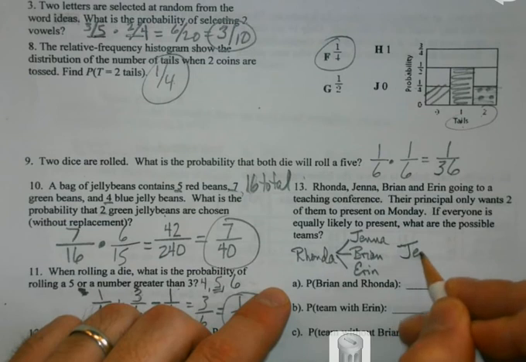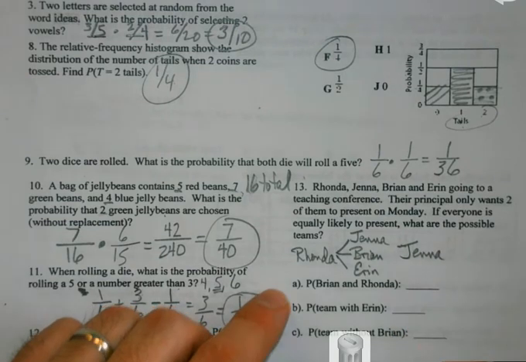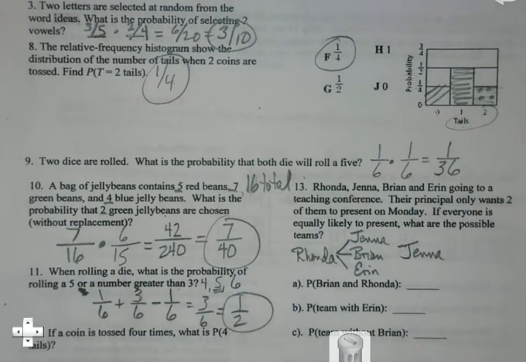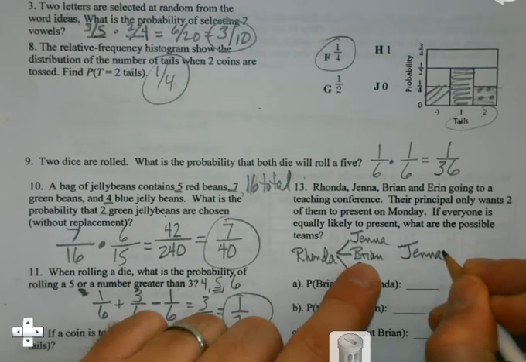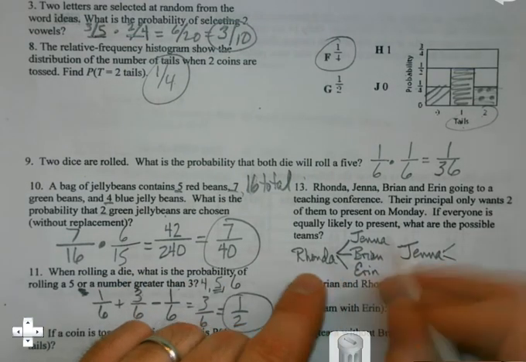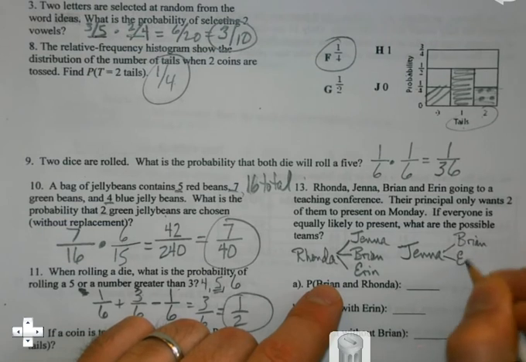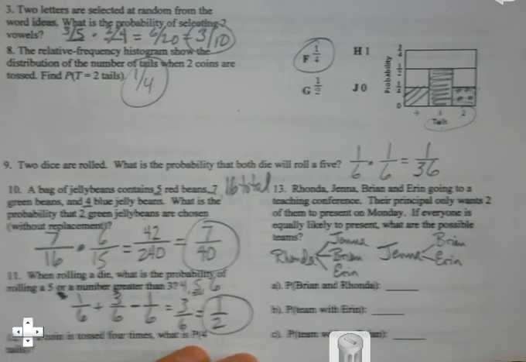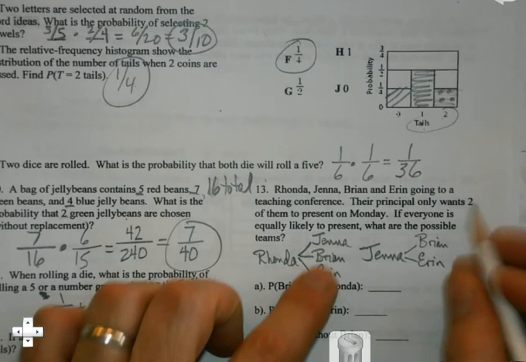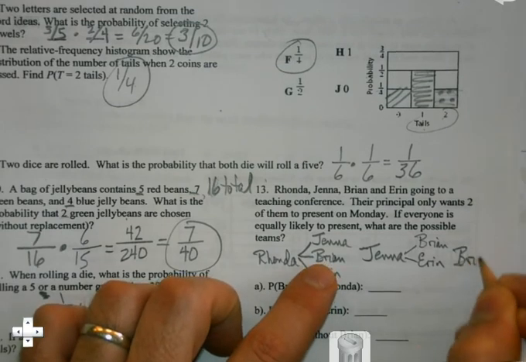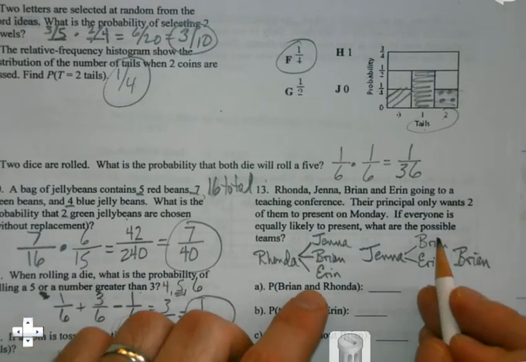What I basically do is the first time I take the first person in the list and combine it with the other 3, because I can't combine them with myself. And then, okay, Jenna's already been combined with Rhonda, but I could still combine her with Brian and Aaron. And finally, when I get to Brian, I've already combined him with Jenna and Rhonda.